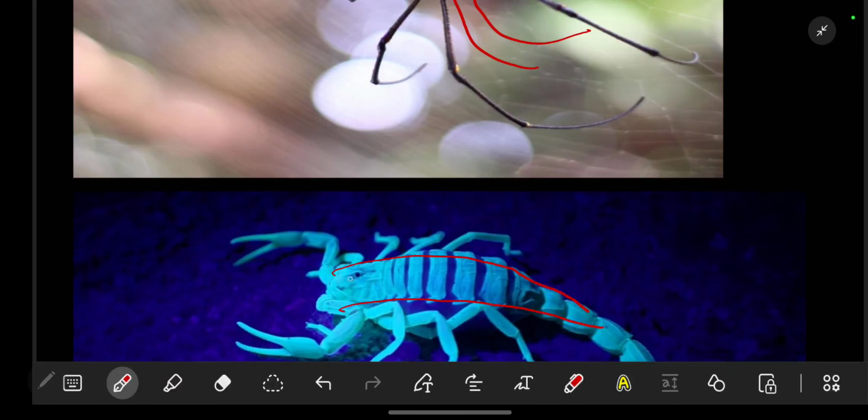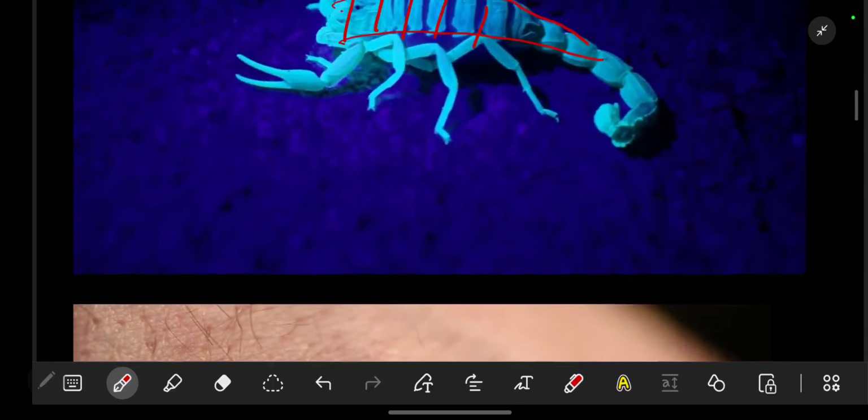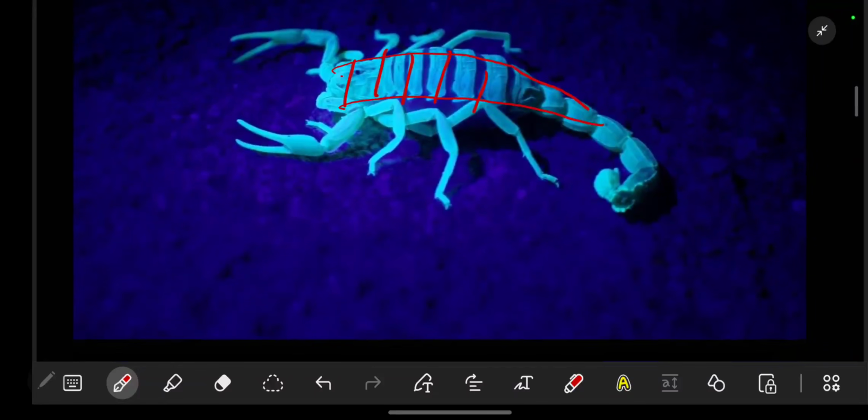So those are some of the characteristics, and they are mostly terrestrial, meaning they walk on land, or rather they are land dwellers. They are carnivorous, meaning they mostly feed on animals, like that.